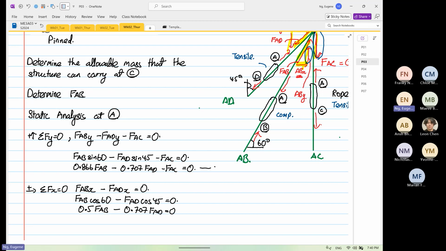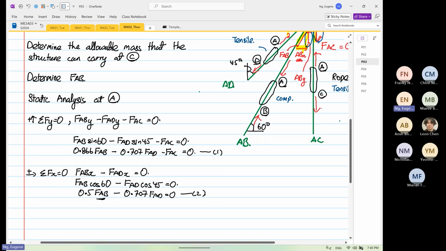I'm going to call this my equation 1, and this my equation 2. Why did I use FAB? I want to form it based on FAB, not ABX, ABY, or ADX, ADY, so I will reduce my number of variables. Because we can only form 2 equations. If you have too many variables, we might be in trouble.